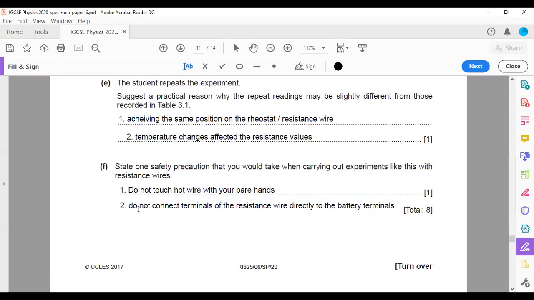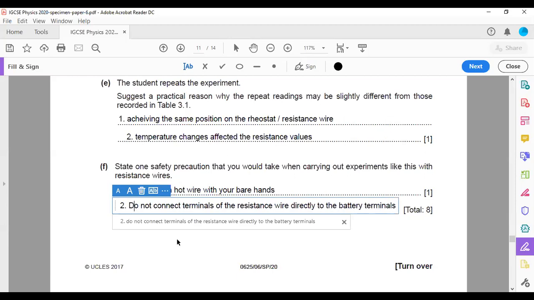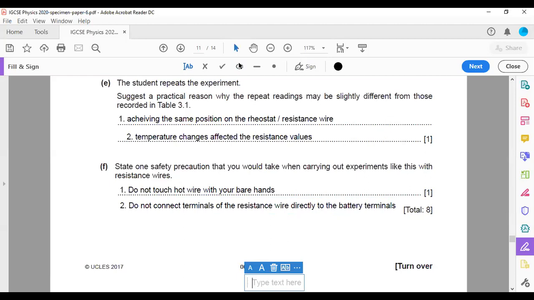They only ask for one, so I just give you a second one. Alright, so those are two.